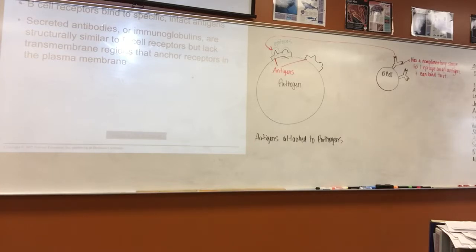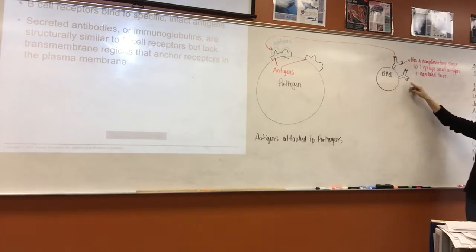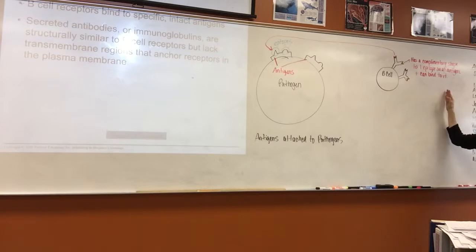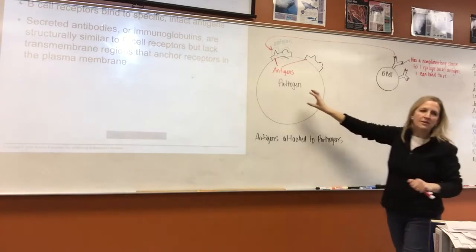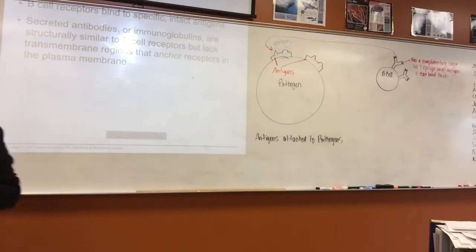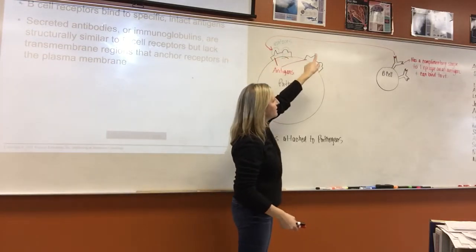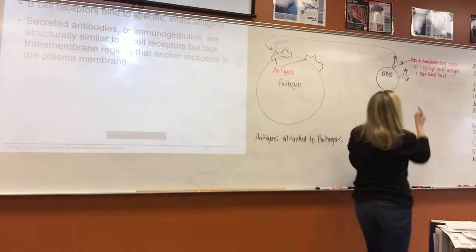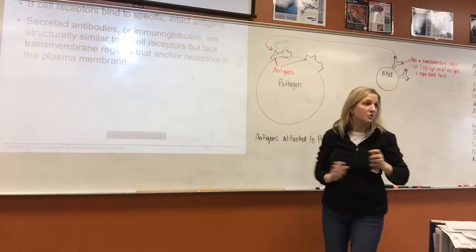Because of that, and we have lots of different kinds of B cells. This is one type of B cell. What makes one B cell different from the next is what type of receptor, the shape at the end. Let me ask you this: with this pathogen, could another type of B cell bind to this one? Yeah, absolutely, because look, this epitope is different. So a B cell that has the shape where it's more curved inside here, that type of B cell could also bind to it.